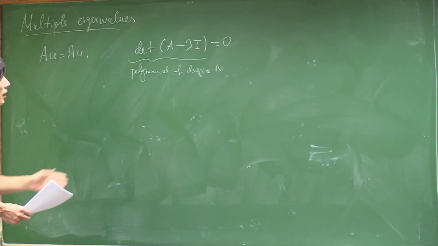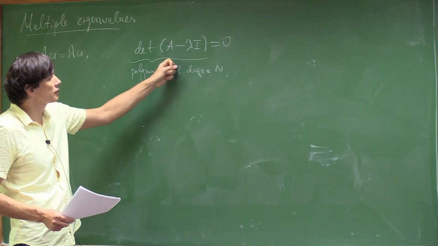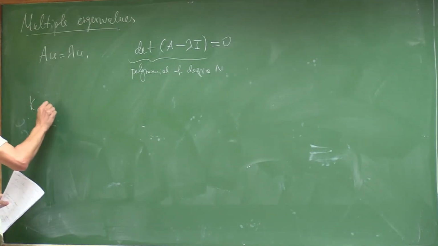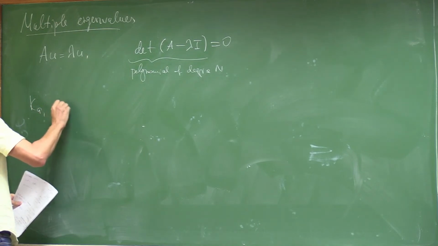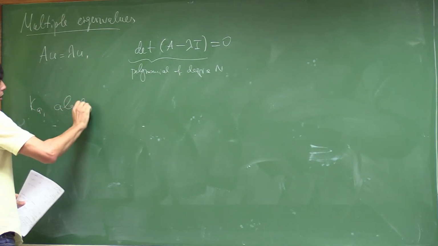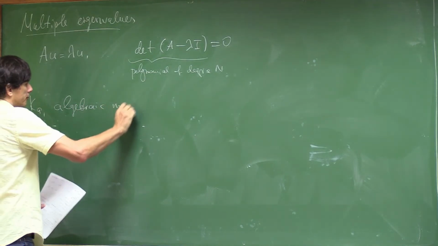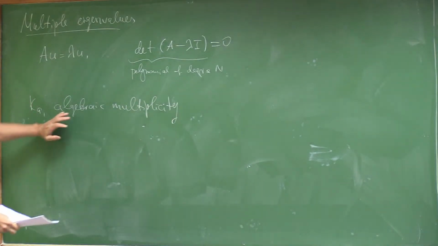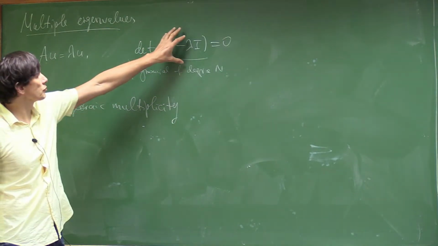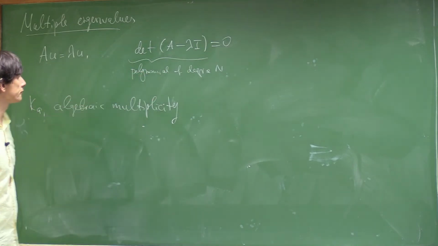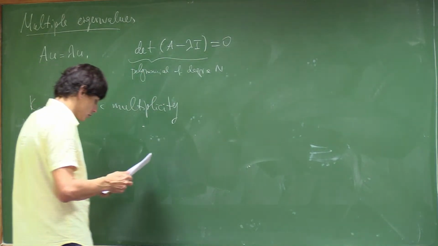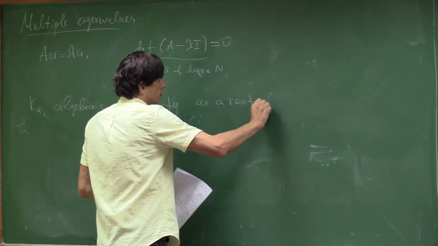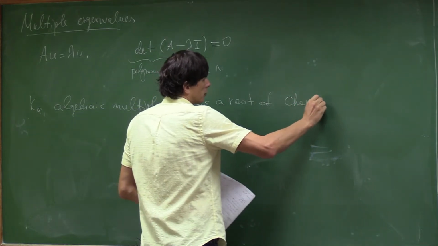And the number of times it appears as a root gives you the multiplicity. That's usually called, we will call it k_a, the algebraic multiplicity. Algebraic because we obtain it from the algebraic formulation, from the polynomial, as a root of the characteristic equation, the characteristic polynomial.